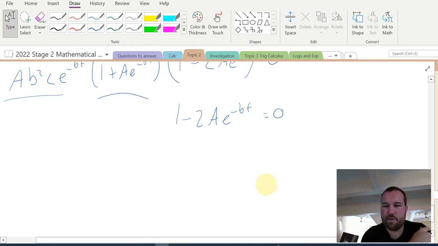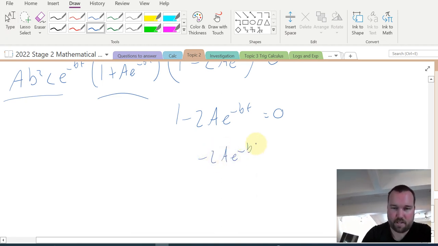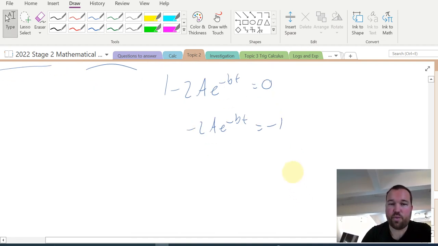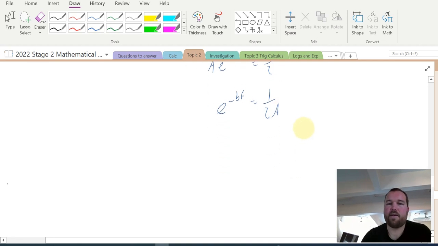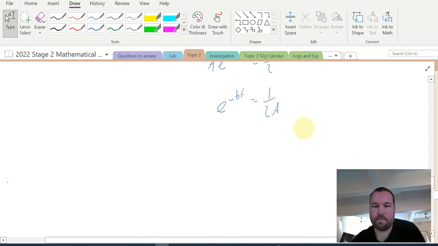All right, so we want to solve for t. Solving for t from here is take 1. So minus 2a e to the minus bt equals minus 1. Divide by negative 2. A e to the minus bt equals a half. Divide by a, e to the minus bt equals 1 on 2a. Then, to get t by itself, we're going to have to take the natural log of both sides.